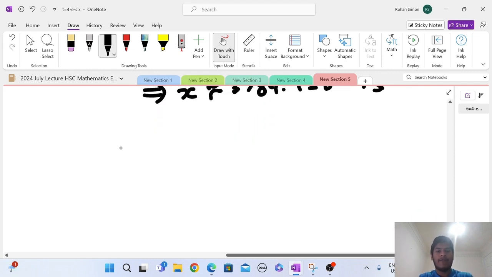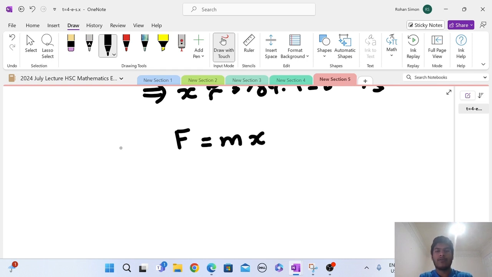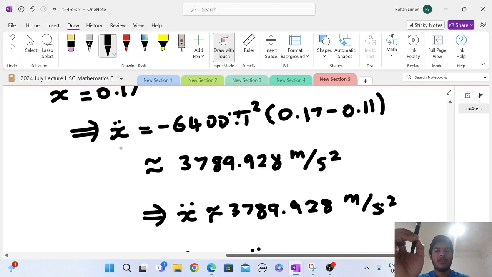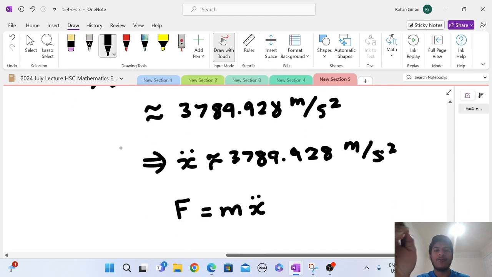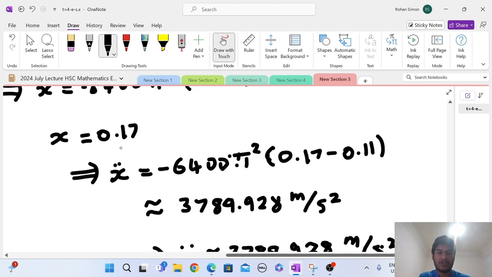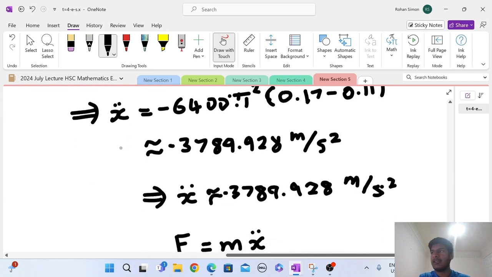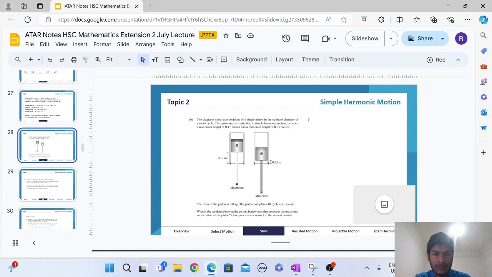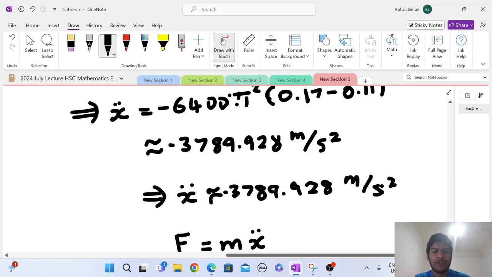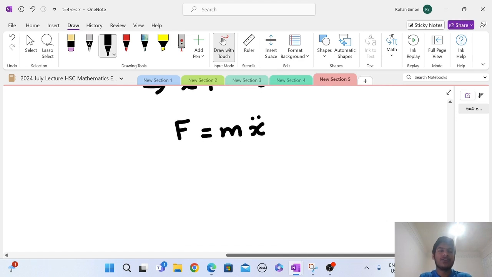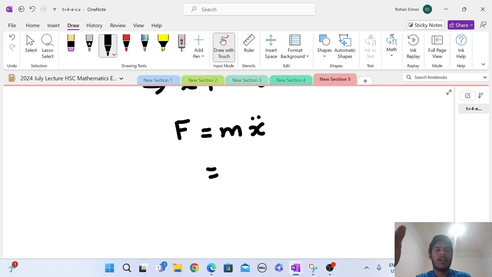Anyway, we have F equals ma, right? For our force, because we're asked for the force at the maximum acceleration, not just the maximum acceleration. There is a negative sign here, but they're purely interested in the magnitude of the force, although the force is clearly going to be directed towards the center of motion, just as with any simple harmonic motion question.